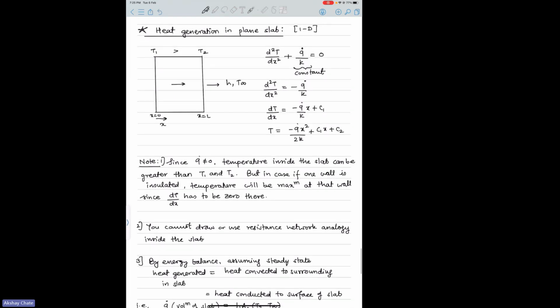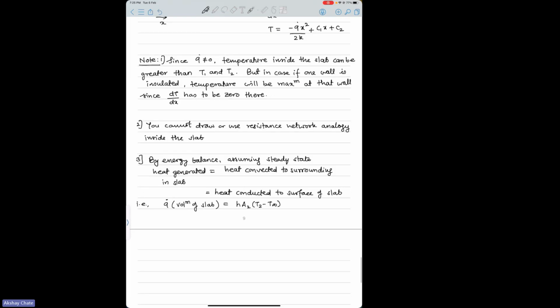So this will give you the energy per unit time. Heat convected to the surrounding will be hA2(T2 minus T infinity), where A2 is the wall area at x equal to L. And heat conducted to the surface will be minus k times A2 times dT by dx at x equal to L.